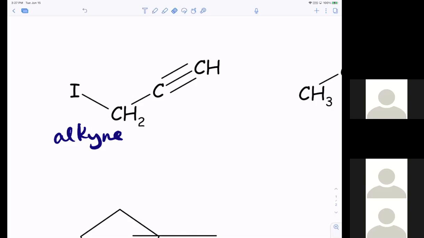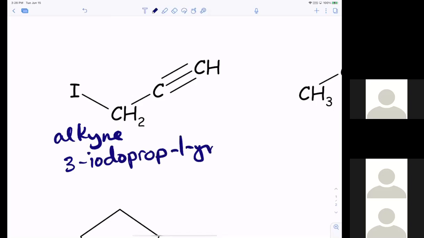Would it be 3-iodo-propan-1-yne? So not propane-1-yne, it's just prop-1-yne. So propane, propene, propyne, so that you don't say propanyne. Does that make sense?